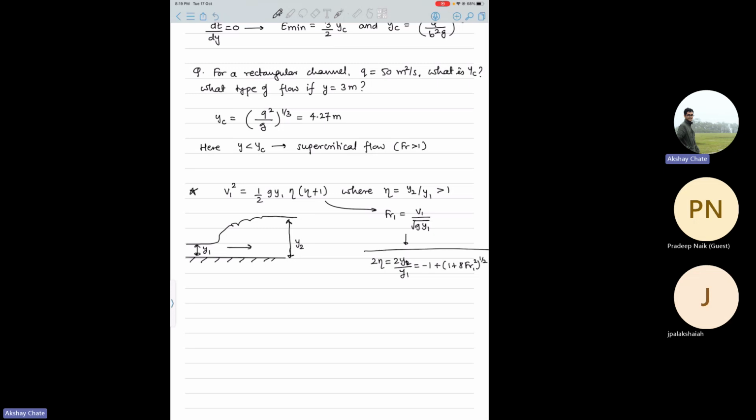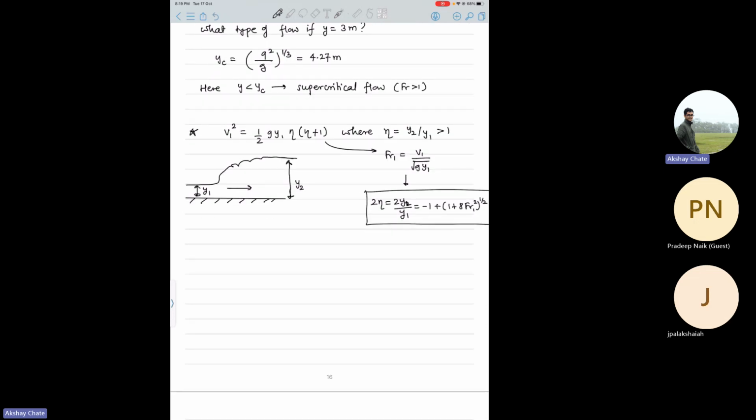So this is the important result. Derivation is there in the book. Unfortunately, I am not able to do it in this time. And from the continuity equation, mass continuity, we know that V2 is nothing but V1 y1 by y2, because we assume the width of the channel is still the same.